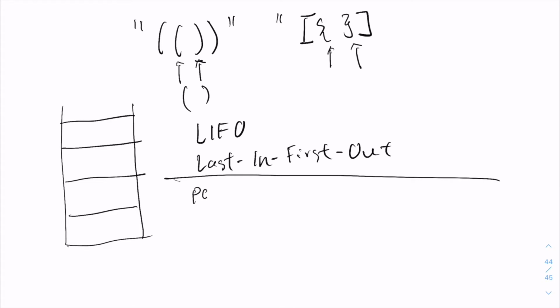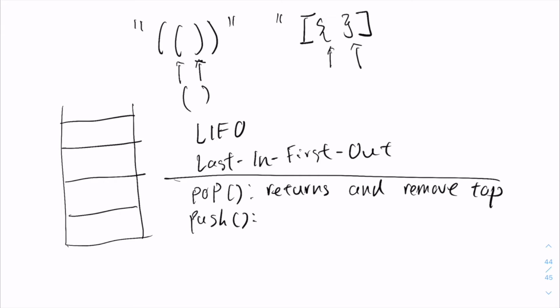A stack supports three operations. You can pop the stack, which returns and removes the top element. You can push to the stack, which adds an element on top. And you can peek at the stack.